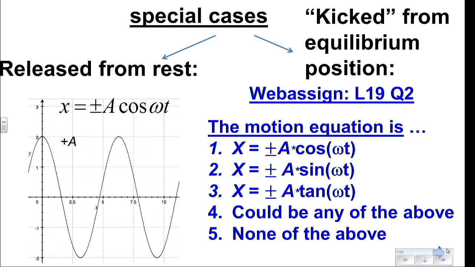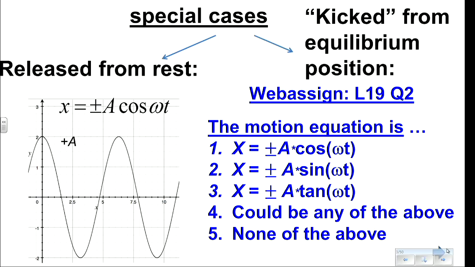So the question basically is, does it mean we should use the same equation? Why do I know that this case and this case should have the same kinematical variables, same period, same frequency?